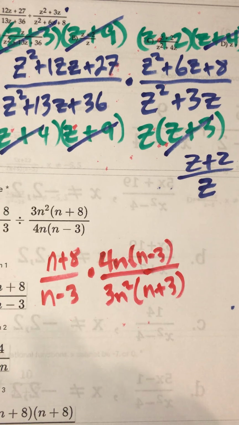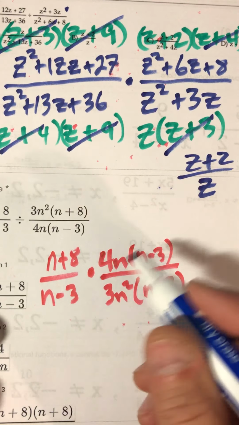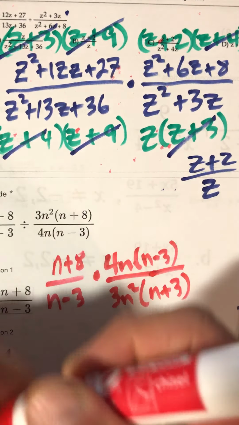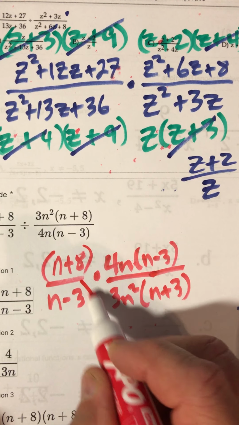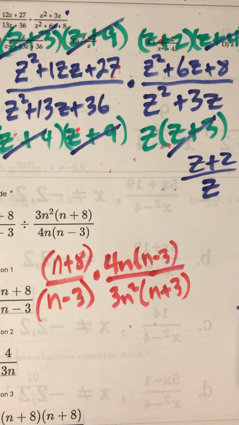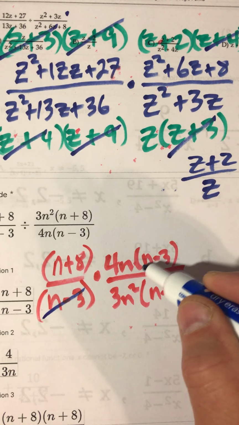Now, after flipping, make sure that you're not getting confused. Put parentheses around those two terms. So now we can cancel out n minus 3.